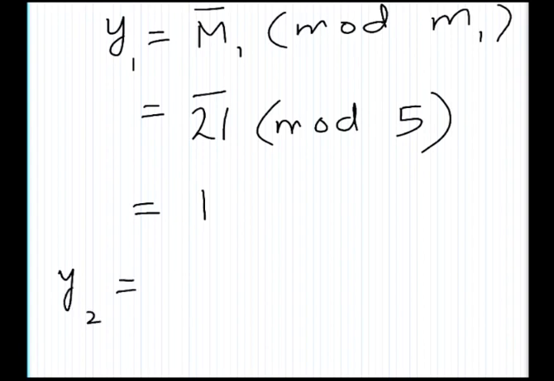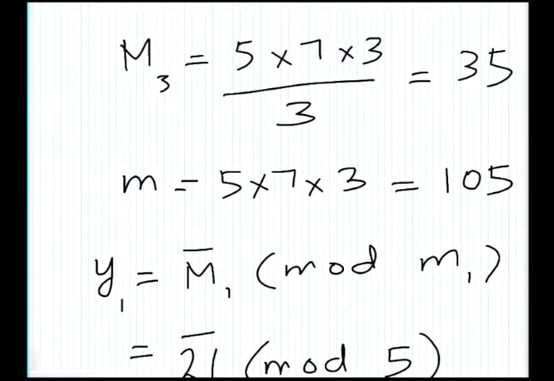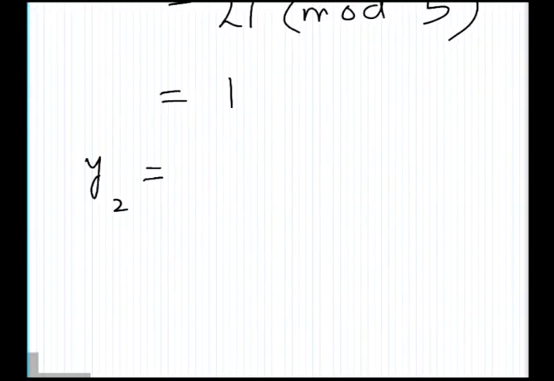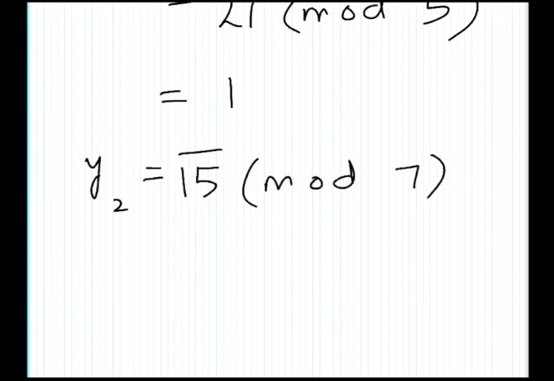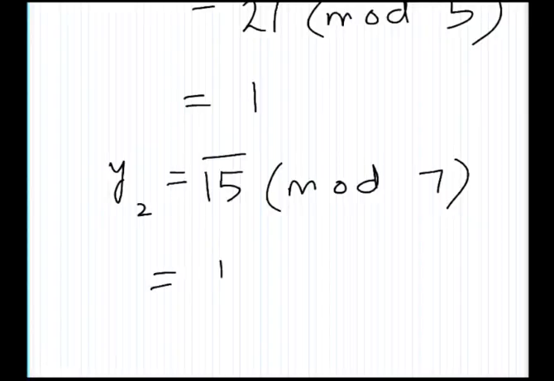Similarly y2 is equal to, what is our m2? m2 is 15. So 15 inverse modulo 7. Again, this is also equal to 1. Why? Because 15 times 1 is 15, and when 15 is divided by 7, we get the remainder 1.